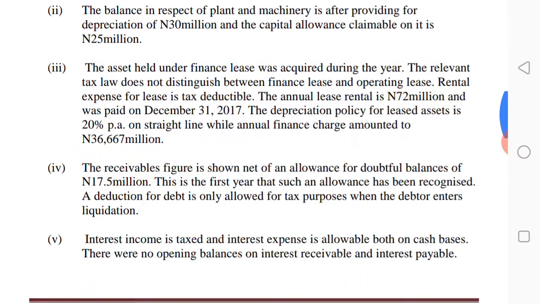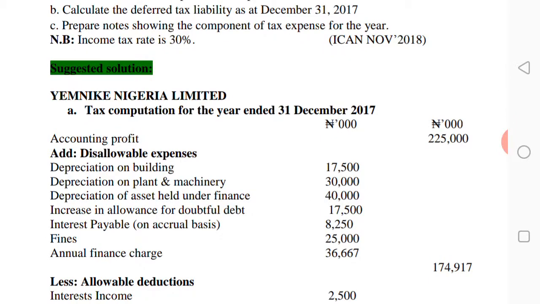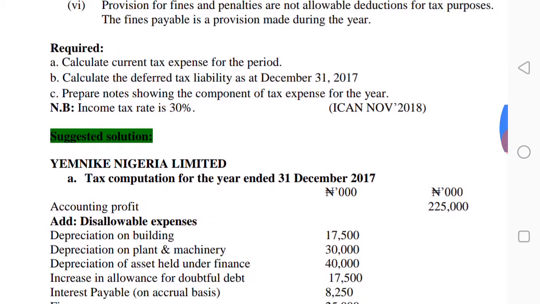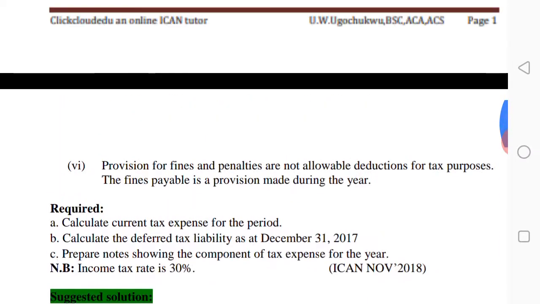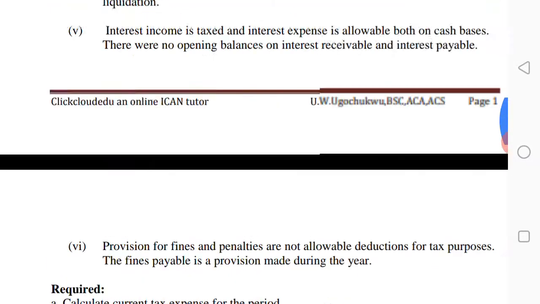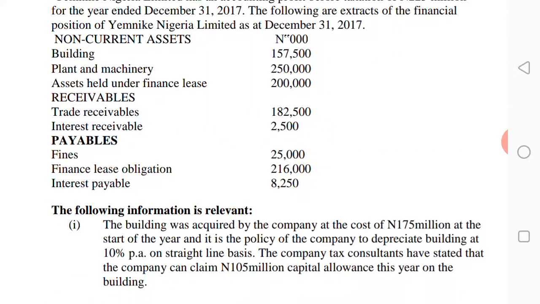So we add that back because it's a provision. Now the fines. Remember, fines are not allowable expenses for tax purposes. So if FRS fines a company, that fine is not allowable for tax purposes. So we add it back, which is 25 million naira. So we are given the fines here, 25 million is added back.